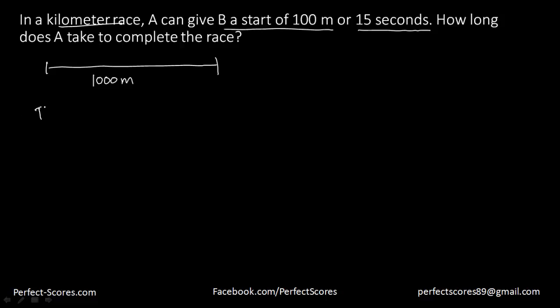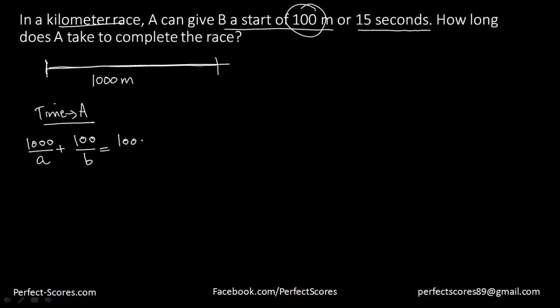So the time taken for A to cover the whole race is going to be equal to the time taken for him to cover the whole 1,000 meters plus the time taken for B to cover these extra 100 meters. That will actually be equal to time taken by B to cover the whole 1,000 meters.